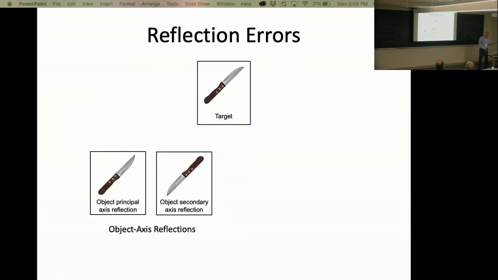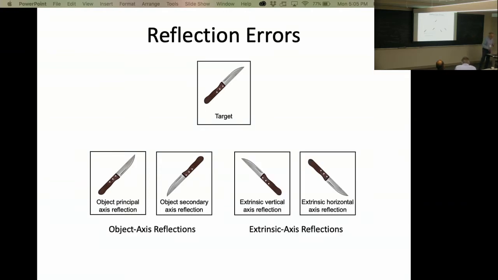In fact, there's an indefinite number. But two of the more prominent ones are that we can imagine the object being reflected across one of the extrinsic axes. So if this object is reflected across a vertical axis, it will end up looking like this instead. Or it could be reflected across a horizontal axis, in which it would end up looking like this.